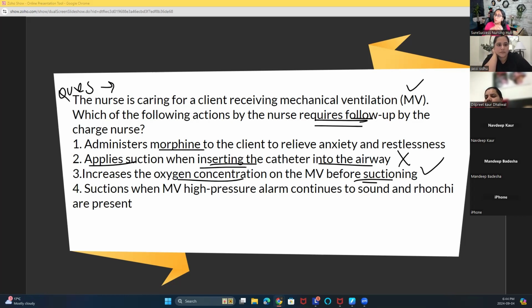Pre-oxygenate the patient before and after the suctioning. Suction for 10 seconds and immediately give the oxygen to the patient. Suction when the mechanical ventilator high pressure alarm is continuously sounding and rhonchi are present. Rhonchi in the bronchi. Do we suction or not? Yes, we do suction.